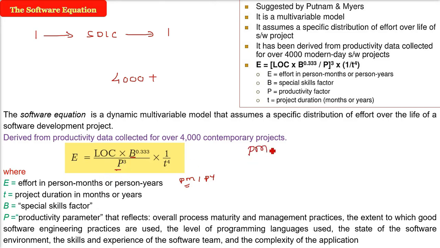Now what this productivity parameter says is the overall process maturity, say CMMI, which level you are at, and the management practices in your organization, the extent to which good software engineering practices are employed, what is the level of programming languages you are employing, and the state of the software environment, the skills and the experience of the software team, and finally the complexity of the application or the system or the software you are working upon. So this comes under P.